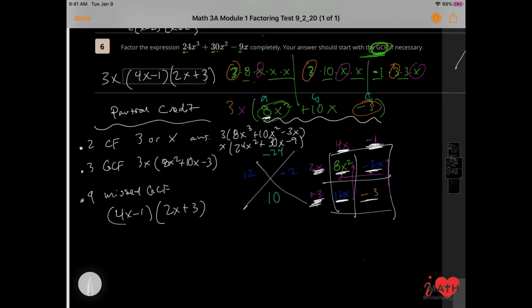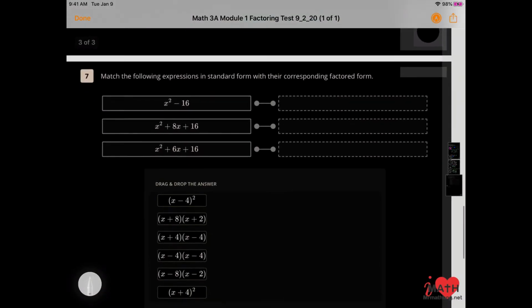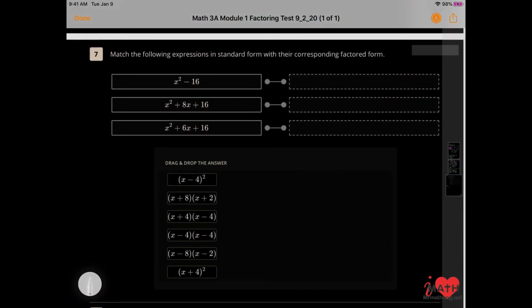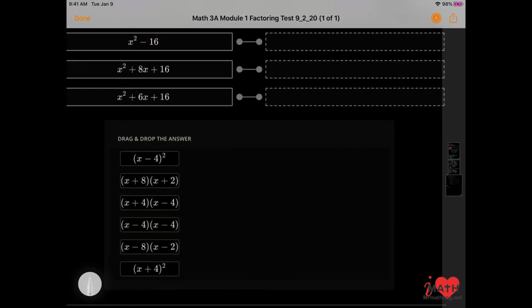All right, let's go on to question number 7, the matching one. I believe I told you guys a free answer for that question. So basically, that is not on any of these answers.